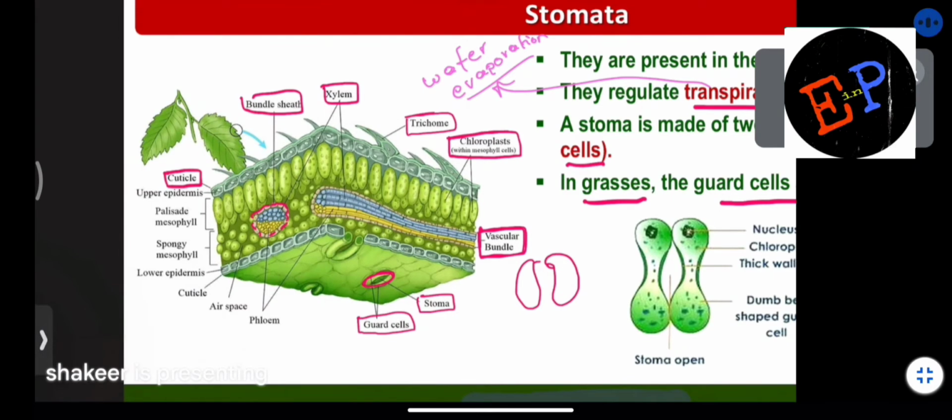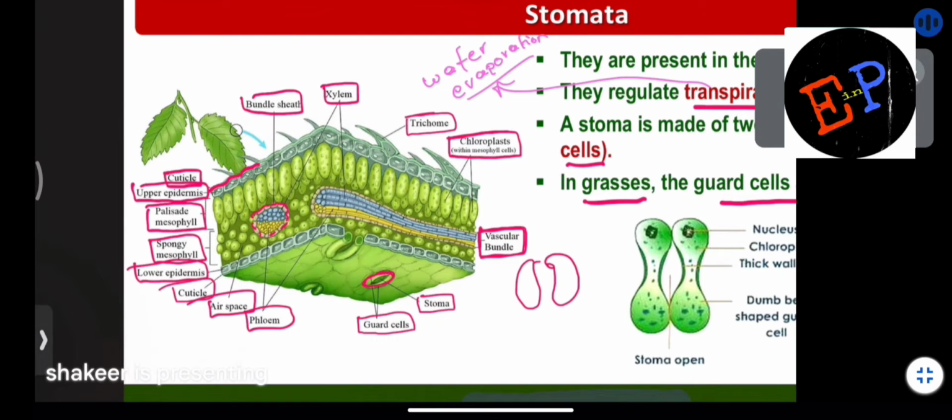Cuticle means just a very thin layer of wax. So this is the upper epidermis, palisade mesophyll cells, spongy mesophyll cells, lower epidermis, cuticle, air space, and phloem. So these are the different parts which are present in a leaf.